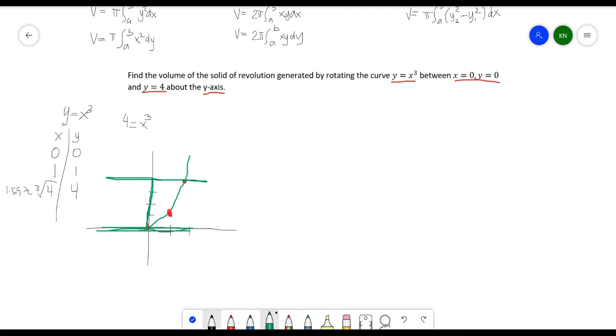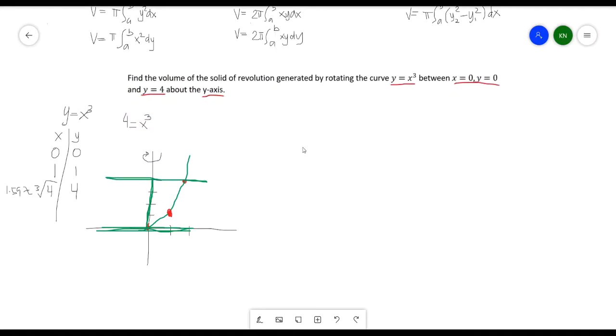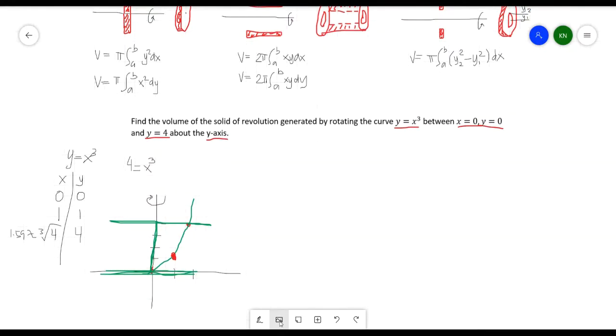So meaning to say, since it is rotating around the y-axis, we can use two methods here. The first method is the circular disk method, or this one. I'm sorry, this one. We can use this one since it is rotating around the y-axis. So meaning to say we can have a horizontal strip.